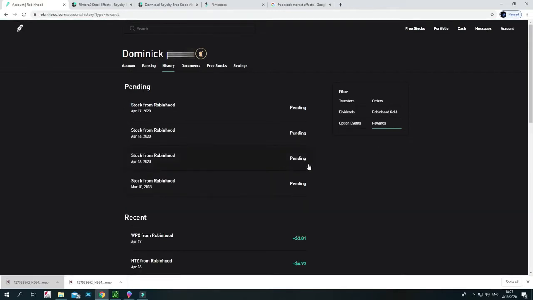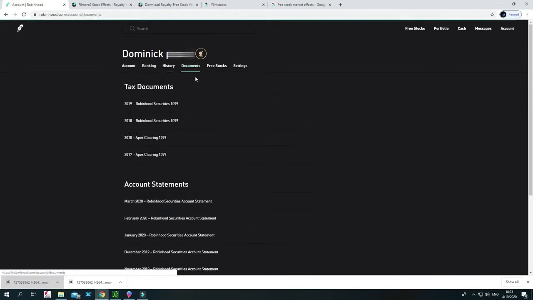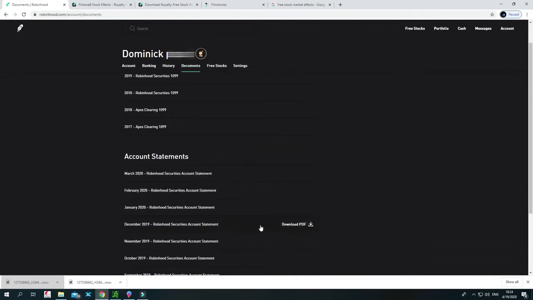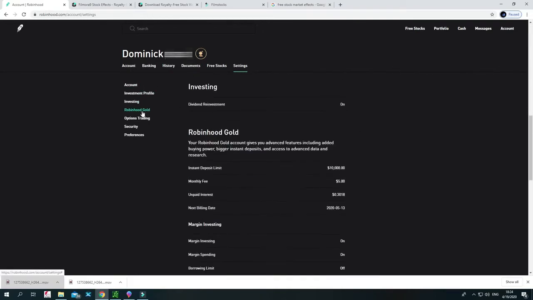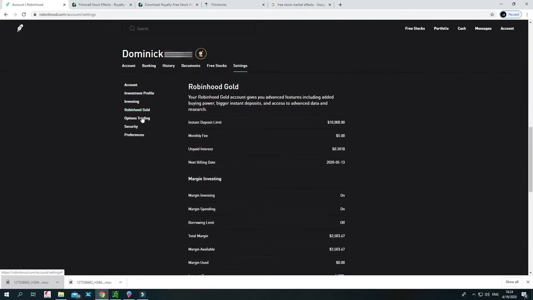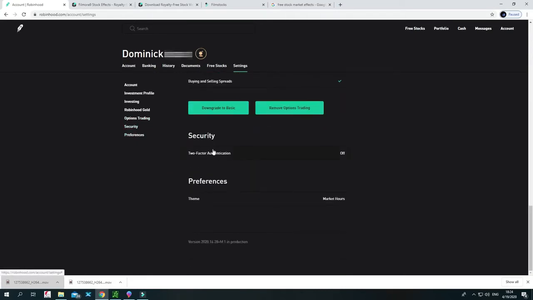Rewards. Documentations will have your tax documents and accounting statements, etc. Settings will show your personal information, like all this here. Investing, gold, options trading. You can downgrade, remove it. Preferences, market hours.